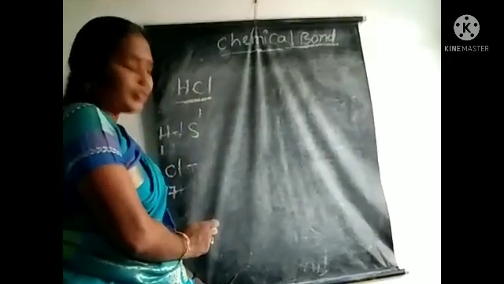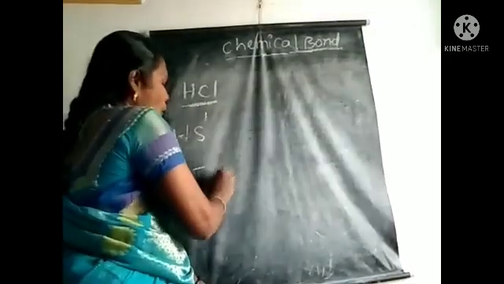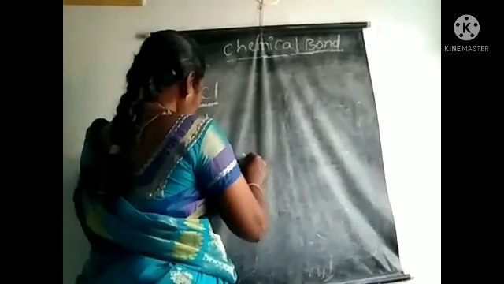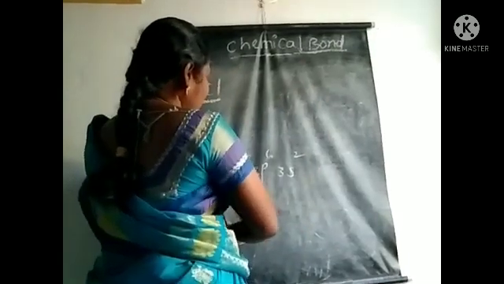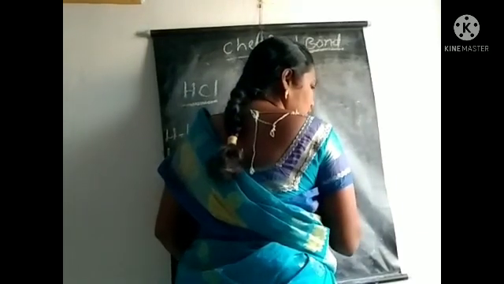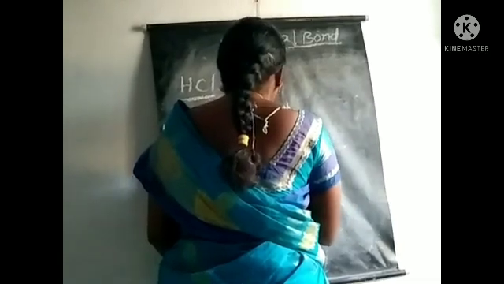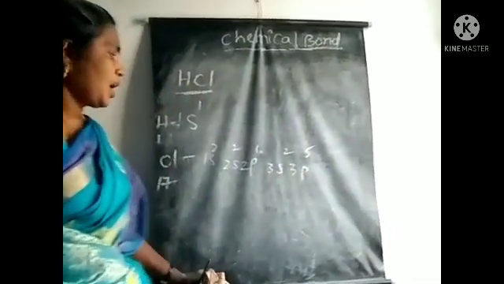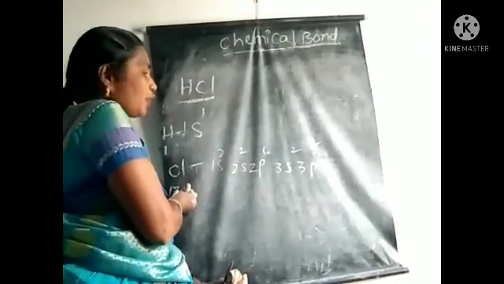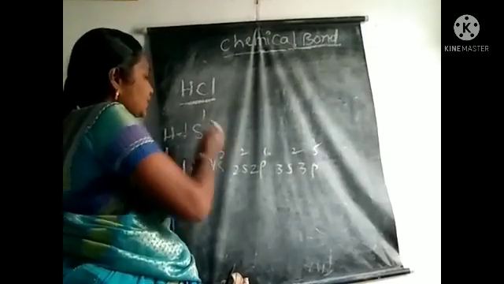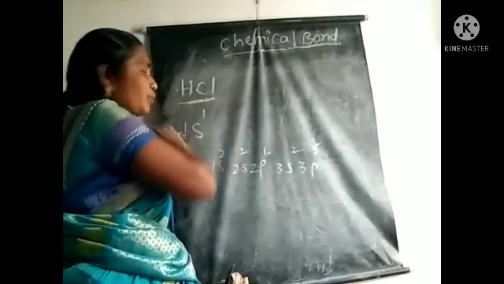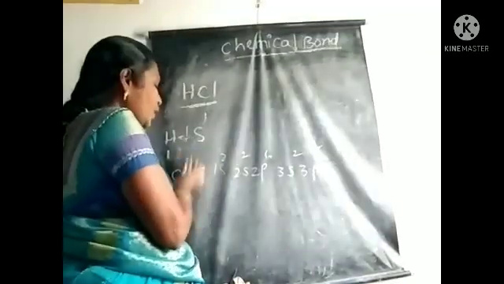Write the electronic configuration of chlorine also: 1s2, 2s2, 2p6, 3s2, 3p5. Here, chlorine wants to gain 1 electron to form an octet configuration. That's why chlorine takes the hydrogen electron and forms the bond. Here the bond formed is an ionic bond.